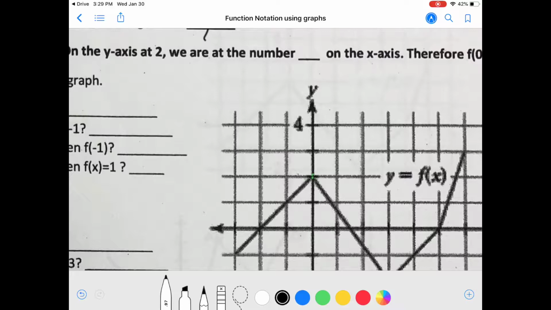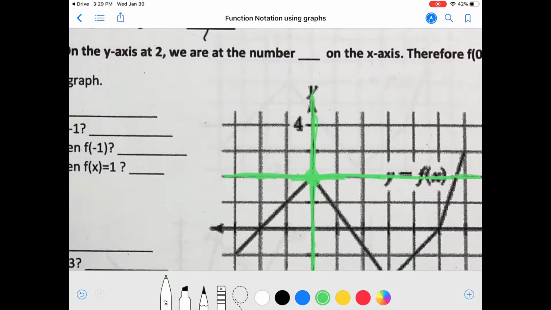So this one, we're on the y-axis, so we're looking at the vertical line, and we're at 2. Starting at the origin, we're going up 2, so we're looking at this line right here. Where is our function at this point?